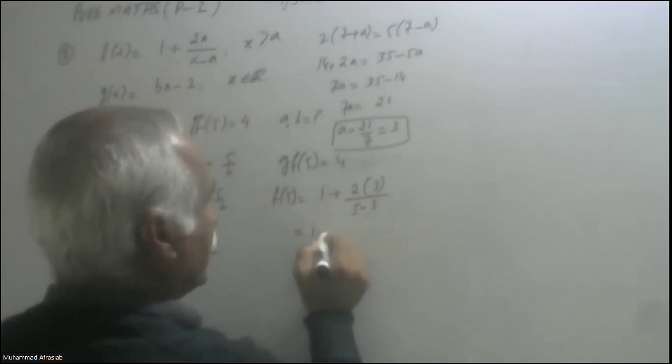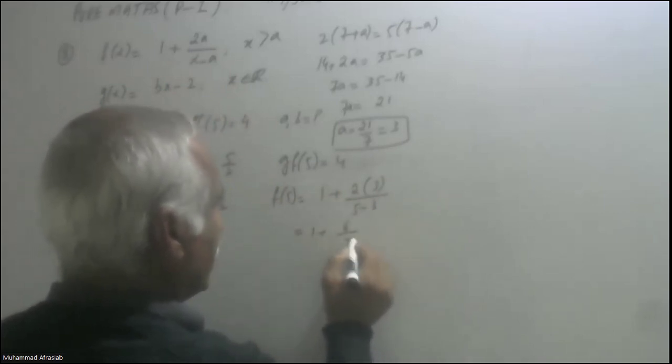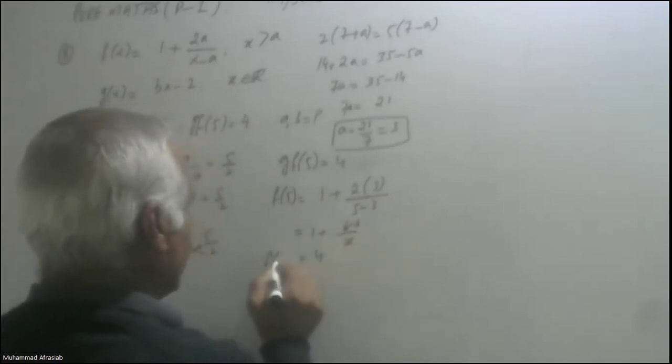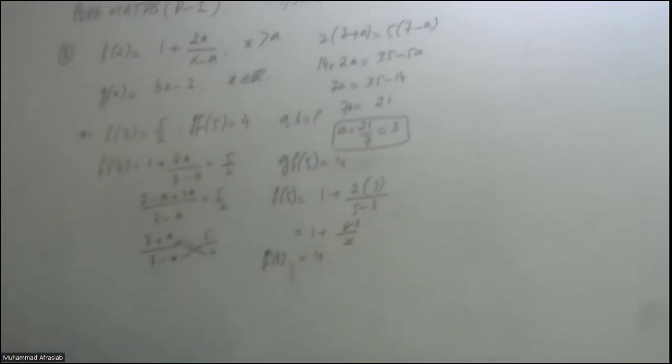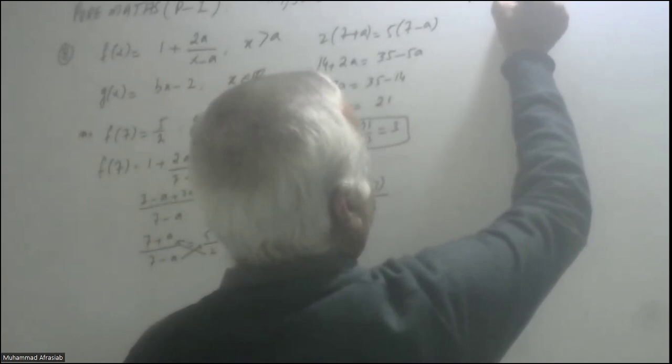So it should be equal to 1 plus 6 over 2, and that is equal to 4. So f of 5 is equal to 4 there.